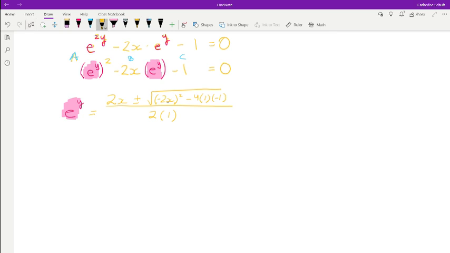So this is going to be, let's see, 4x squared plus 4 divided by 2. We can take out a 4 because that's a perfect square. So factor out a 4 and take the square root.